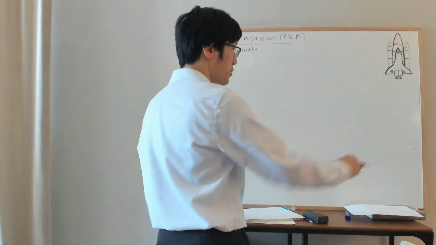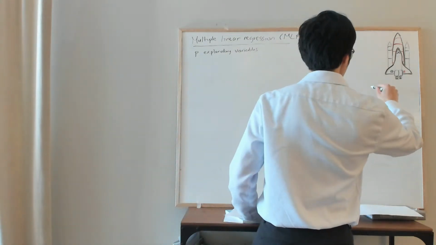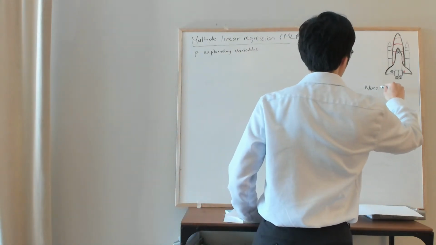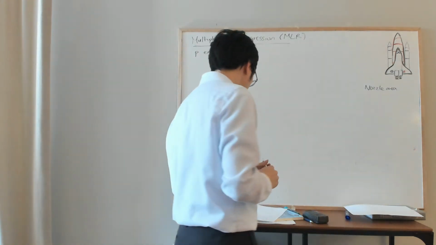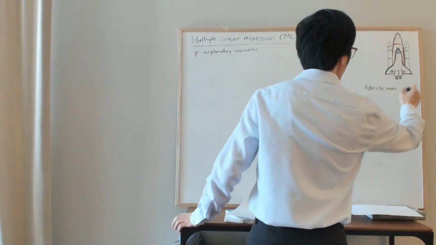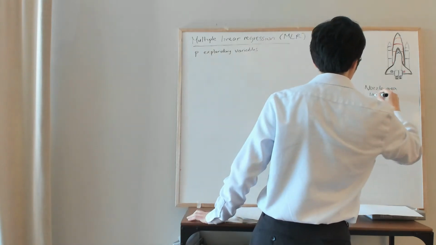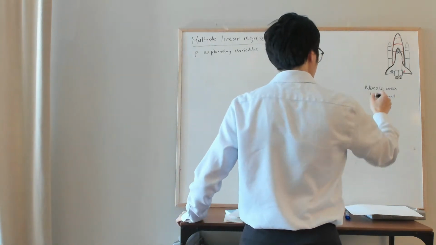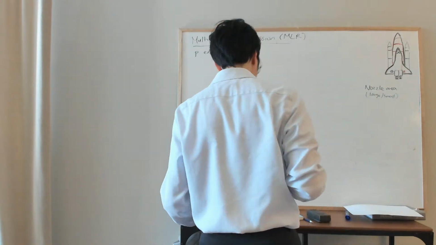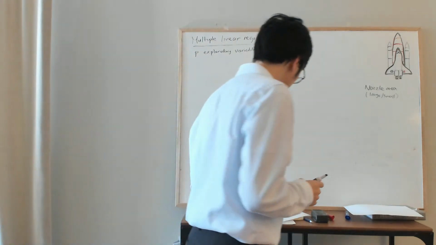Let's write down a few relevant variables. We have, let's call this the nozzle area. In the experiment, they tried a large and a small nozzle. Then another key variable is what goes into the propellant.